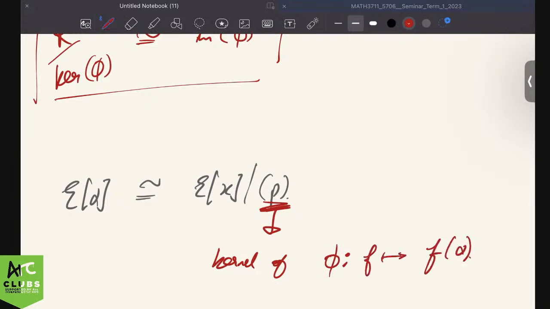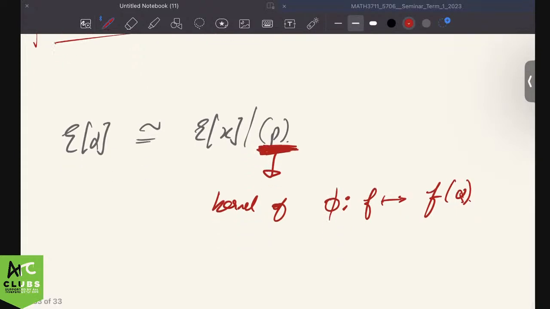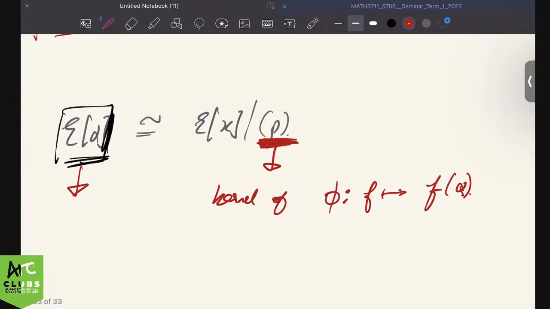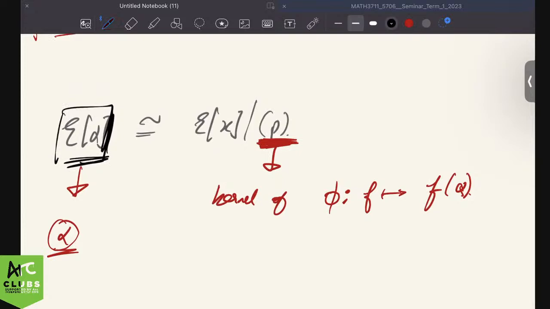It's the kernel because if a function is equal to 0 at alpha, it needs to be a multiple of the minimal polynomial. The image is the field that you generate from adding alpha to E, okay?